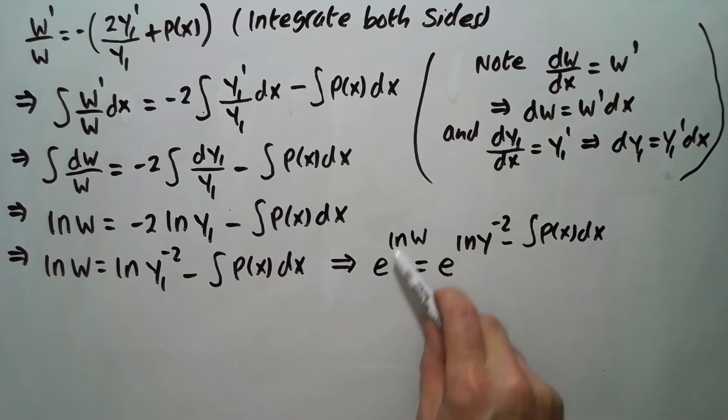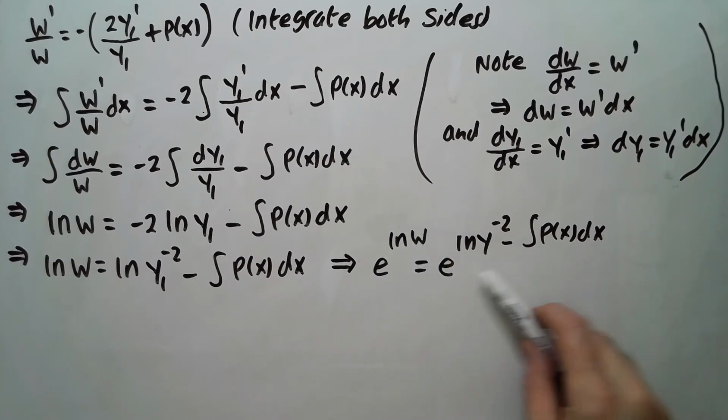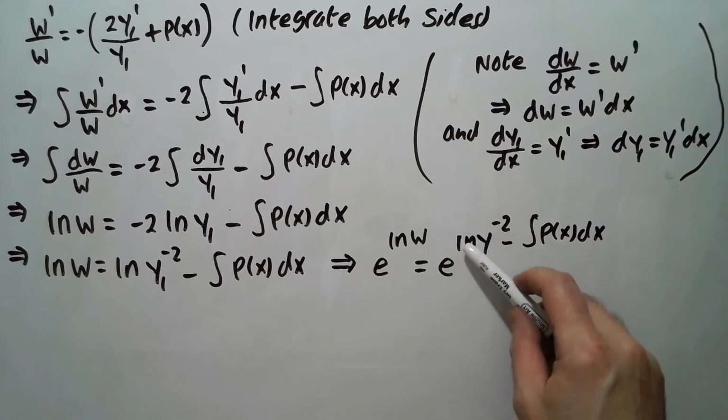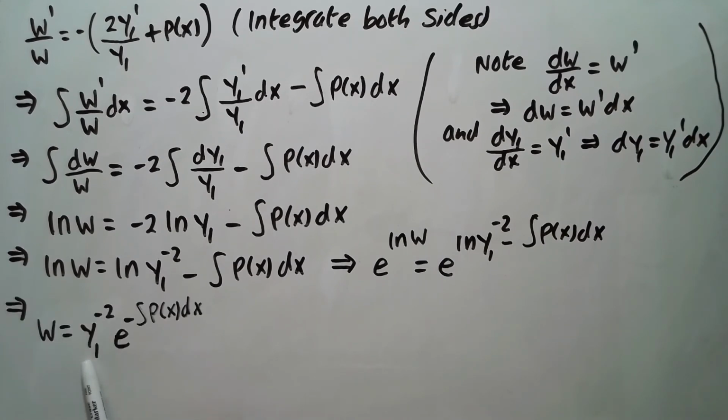The e and ln's will cross off here, and let's use properties of exponents over here. Then the e will cross off with the ln here also. Let me write the result here. So we get w equals y1 to the -2 e to the minus integral of p of x dx.